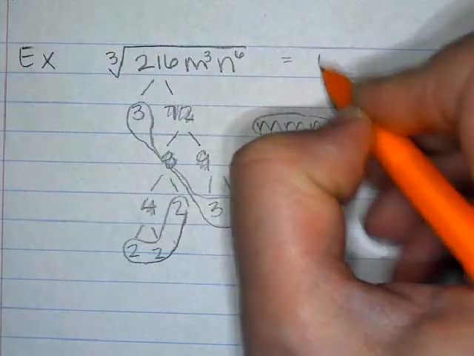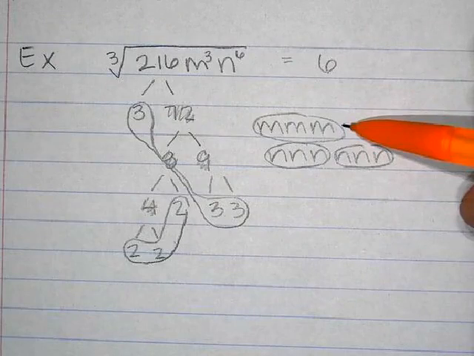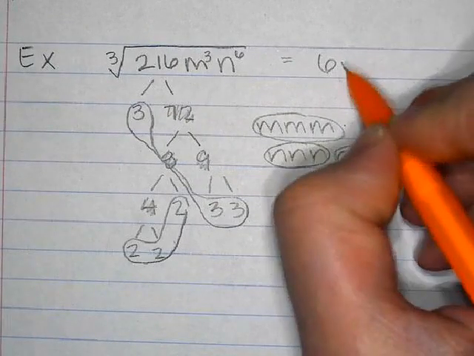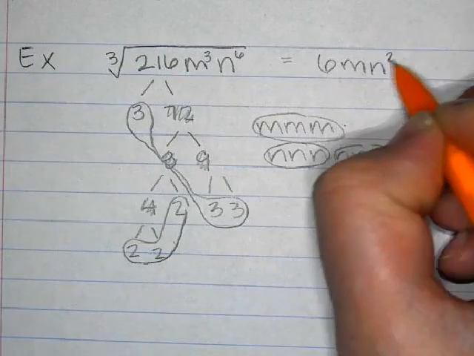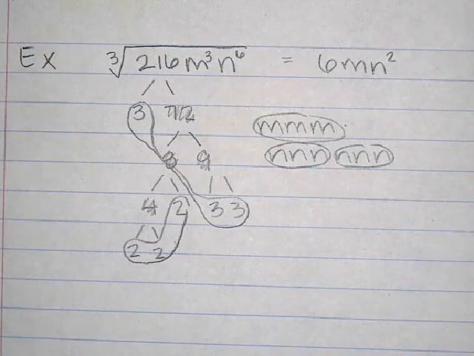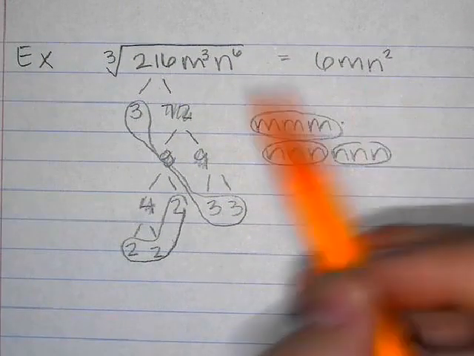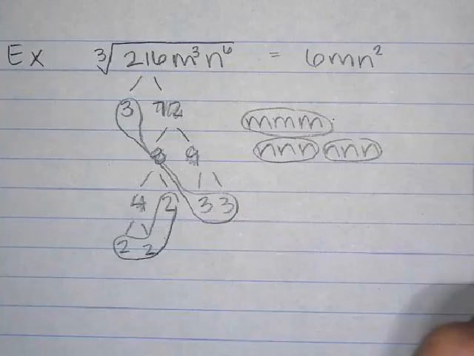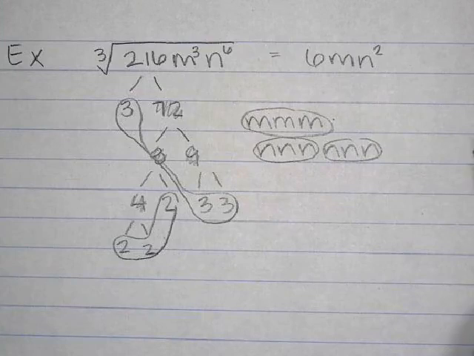And then what should I write for this? M. And what should I write for this? N squared. So this whole thing was a perfect cube, and when you cube rooted it, you were able to cube root it evenly and not have any leftovers underneath the cube root because it was a perfect cube. That's the answer, because every single piece was cube rootable.